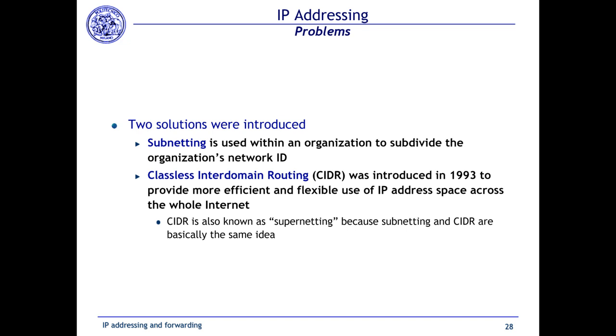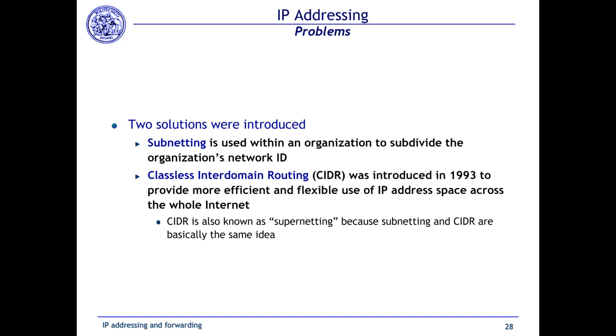Subnetting was effectively applied, especially to subdivide the networks inside organizations. But then still the system was inflexible, ossified, because there was still the classful mechanism to manage the overall networks assigned to different companies.